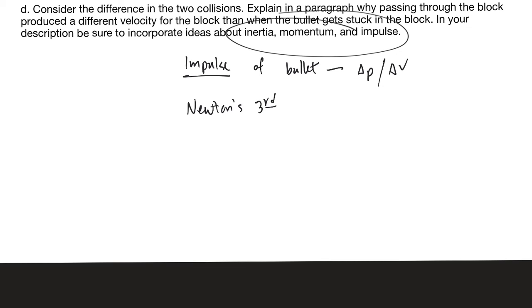So change in momentum to impulse of the block. I think you have to say all three of these things. I think you have to connect all the dots. Basically, you have to explain how a change in the bullet results in a change in the block, and list the things that are associated with that change.